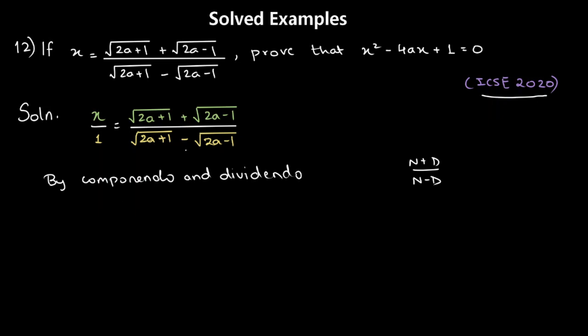right? So on my left hand side of the equation, I get x plus 1 divided by x minus 1, right? So numerator plus denominator upon numerator minus denominator.